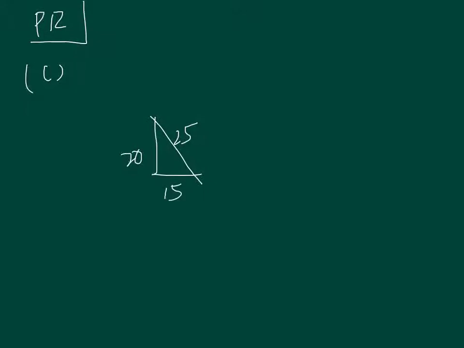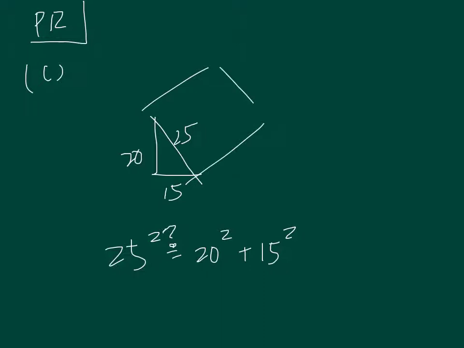If this actually works, then 25 squared should be equal to 20 squared plus 15 squared. But we're not sure if this is true. So if you square them, it should be true if these are Pythagorean triples. And once you find that, what will be in common? Explain.